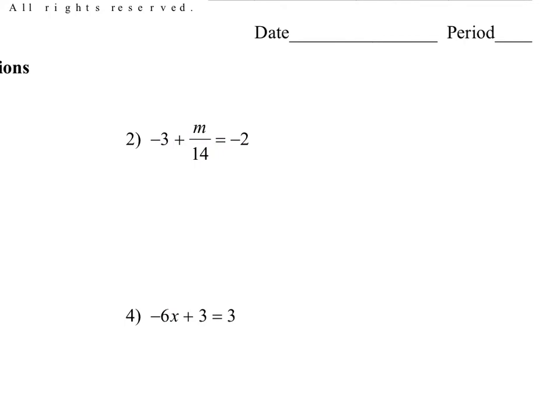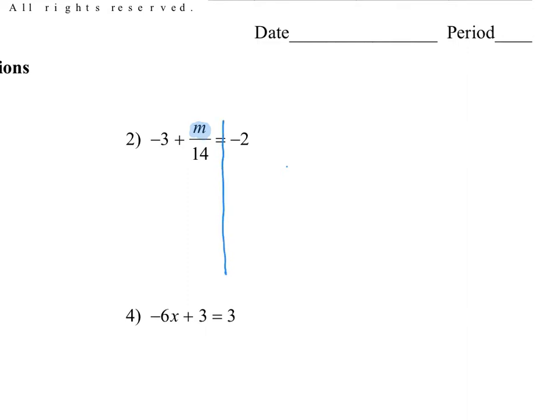This one frequently gets confused with our previous problem as to the steps you should be doing. So first off, notice that the 14 is only underneath the m. Here's our m right there. And so there's no need for the parentheses like we had in the last problem. I am going to draw my line down my equal sign.